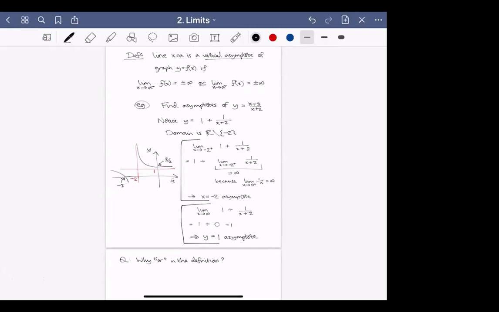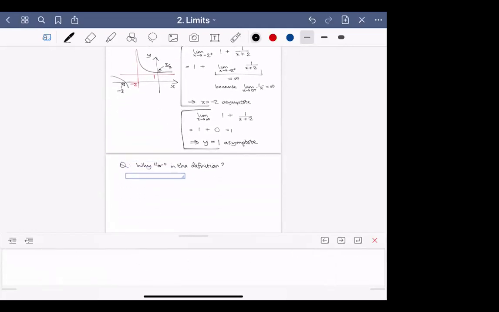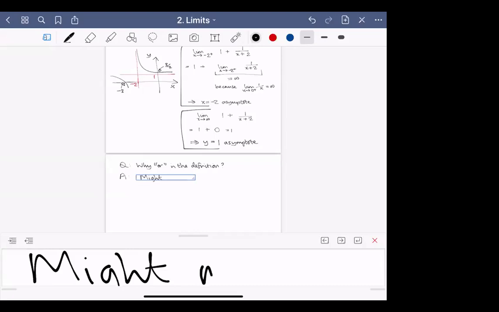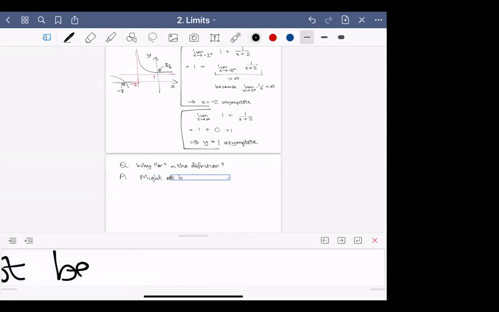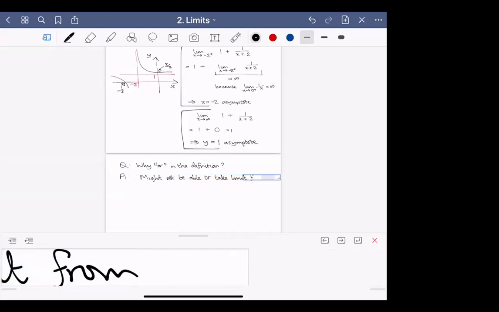Well, the answer is that we might not be able to take the limit from both sides.